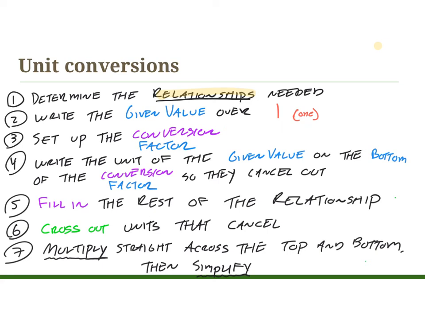We're going to write the unit of our given value on the bottom of the conversion factor so that the given units cancel out. We will fill in the rest of our relationship, cross out units that can cancel, then multiply straight across the top and the bottom, and eventually simplify.